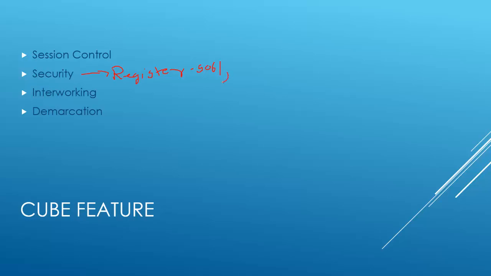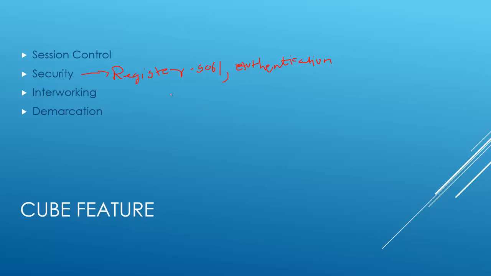And then we can also authenticate each and every call, right? So authentication is another way wherein you can say, okay, I am providing end-to-end security for my SIP trunk connections, for my SIP trunk calls, right?